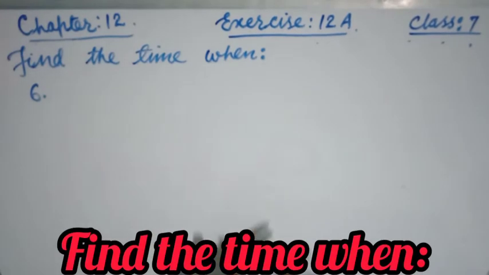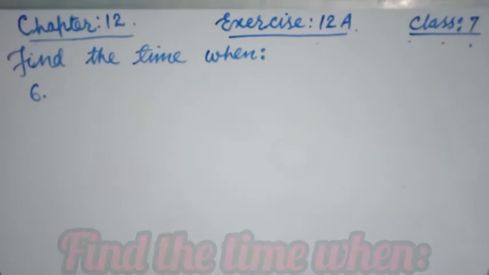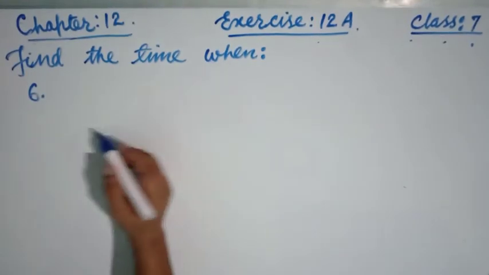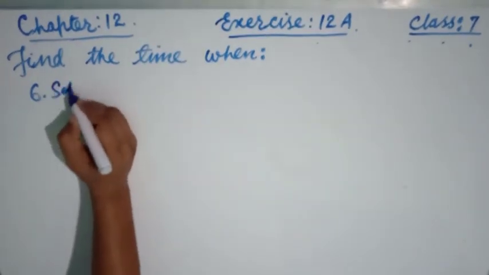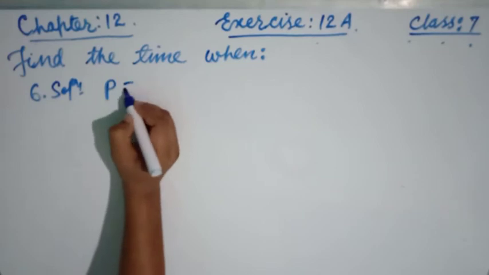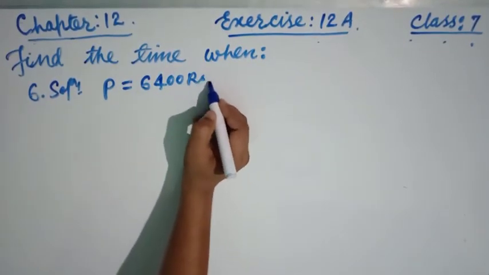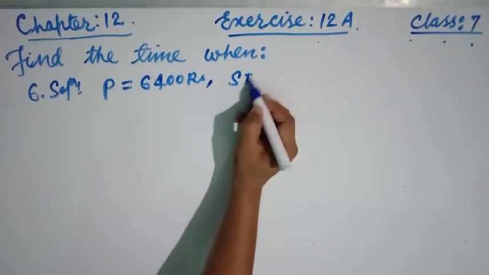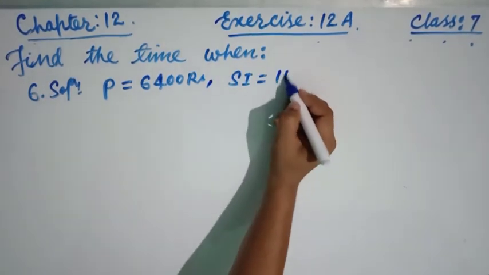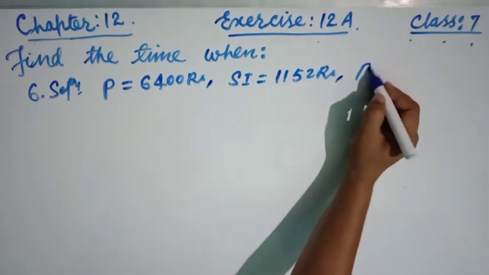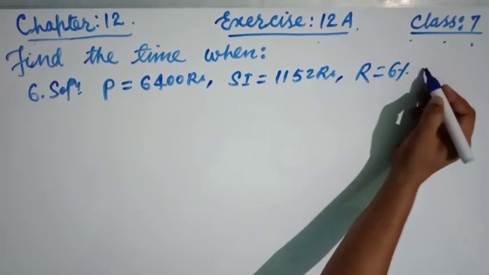Now see friends, question number 6, which is similar to questions 1, 2, 3, 4 and 5. Now the question says find the time when principal P is given 6,400 rupees, and SI is given 1152 rupees, and rate is given 6% per annum.